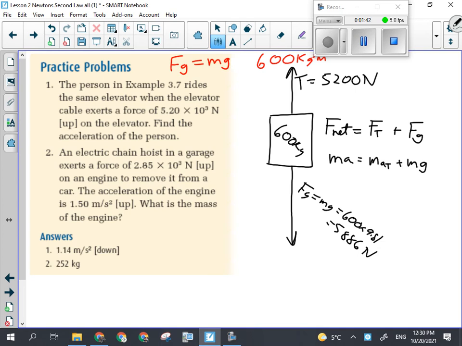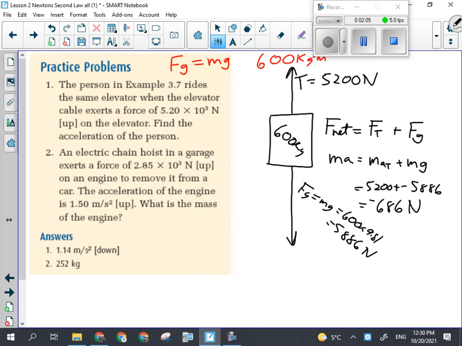All right, now I already know what m times a is because they told it to me. It's 5,200, and I already calculated what m times g is. It's 5886. So I've got 5,200 plus negative 5886, which will give me 686 newtons in a downward direction.